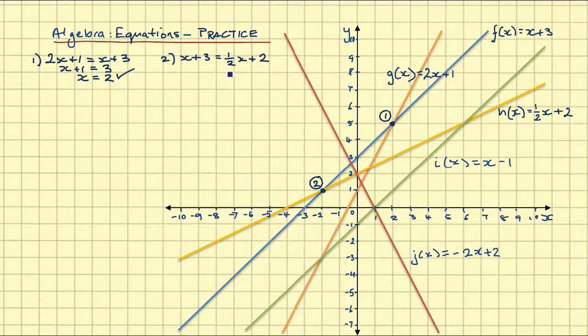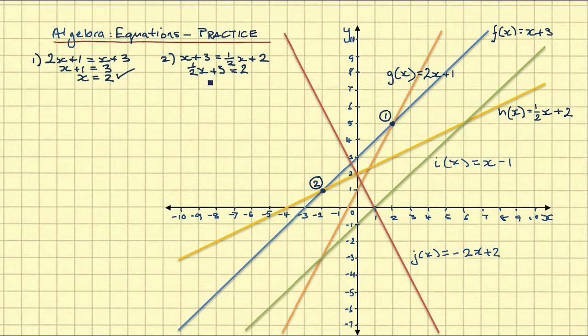Okay, so I think what I'll want to do here is eliminate this half x, so I'm going to do that straight away. So if I subtract half x from both sides, I'll end up with x minus half x, in other words, half x on the left-hand side, plus 3 equals half x minus half x eliminates the half x, so just 2.